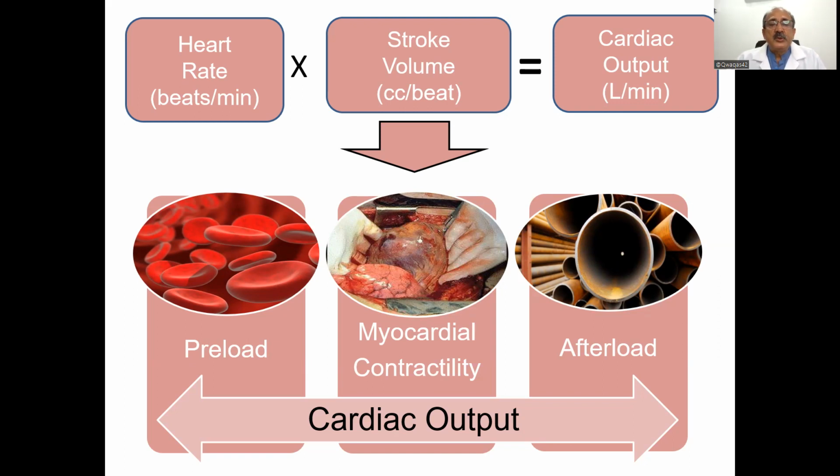During the presentation, you will see how the myocardial contractility is affected, which leads to decreased preload and finally the afterload. Both an increase and a decrease in the afterload can affect the myocardial contractility.